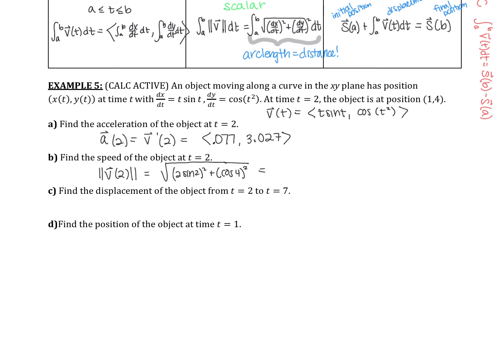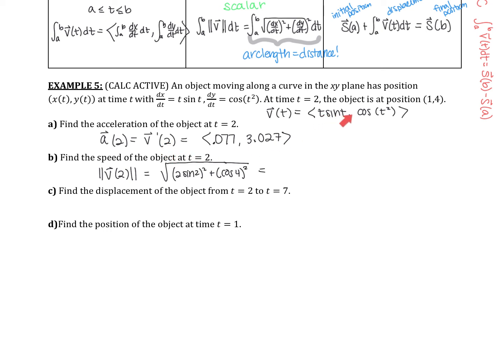Now, one thing I want to caution you on is when you're taking the AP test, you don't have to show all of your work, but you do need to show what you are substituting into your calculator. So if I make this notation, this is enough to say, hey, I know I'm taking the acceleration at 2, which is the derivative of the velocity at 2.